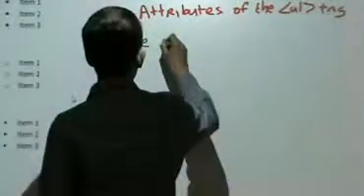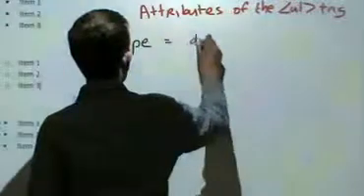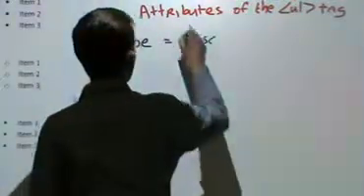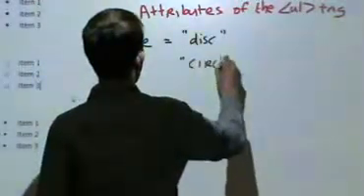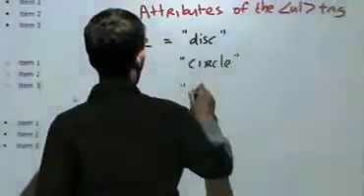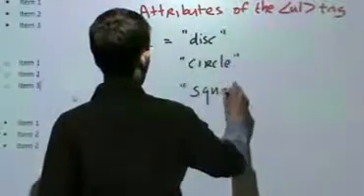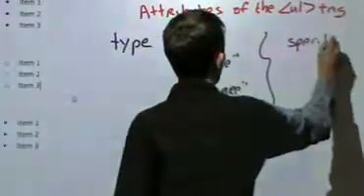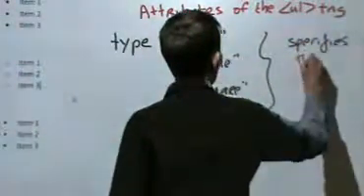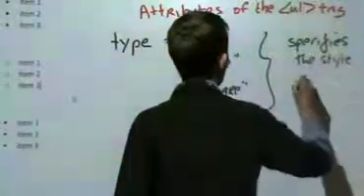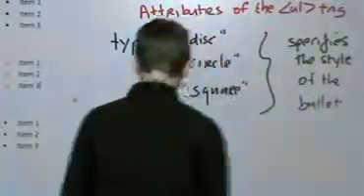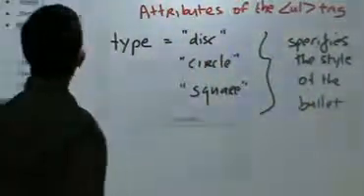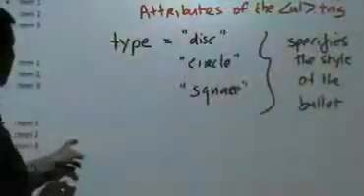So the type can be disc, circle or square. That's pretty much symbol bullets in HTML.